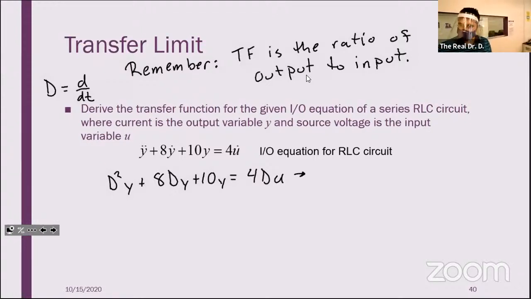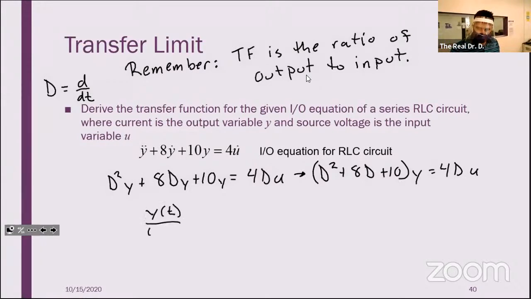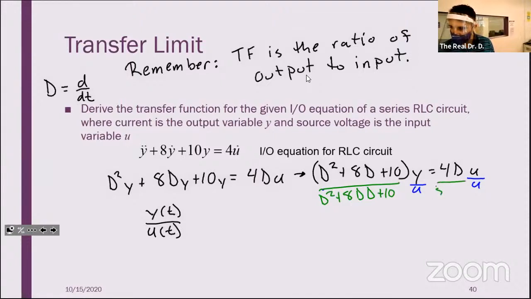I can rewrite this in groups, pull out my y's, and I'm left with this. But I need to create the ratio of y of t to u of t. In order to do that, I need to divide both sides by u, but also divide both sides by this.